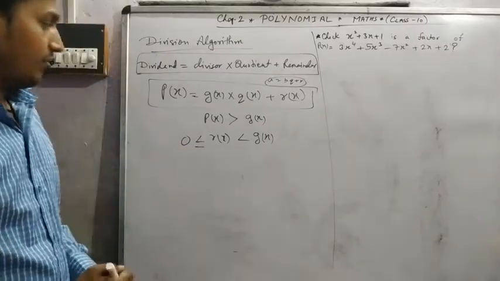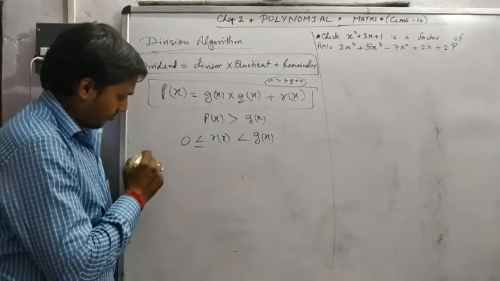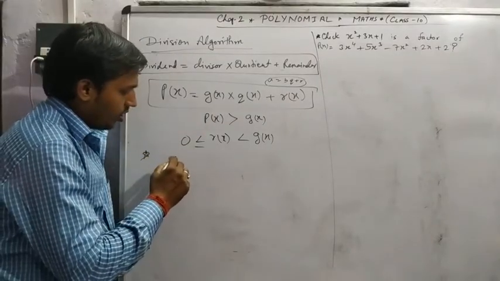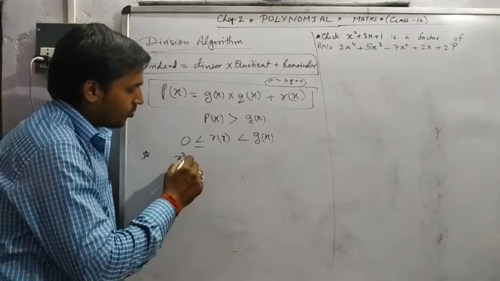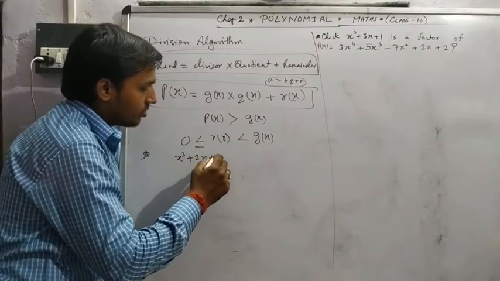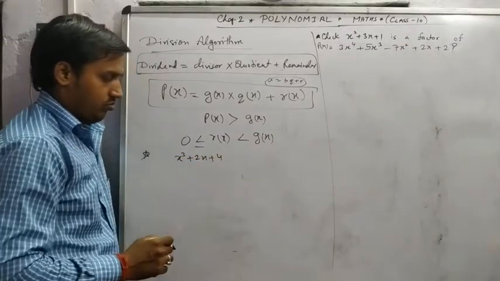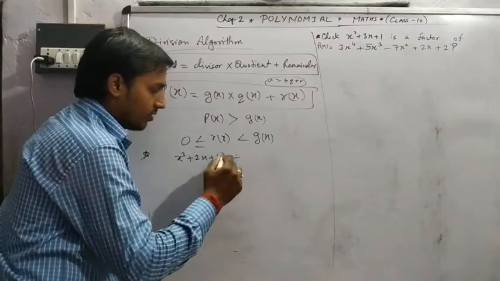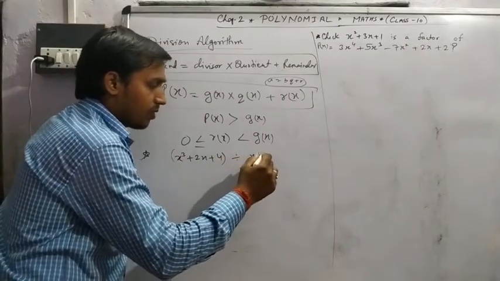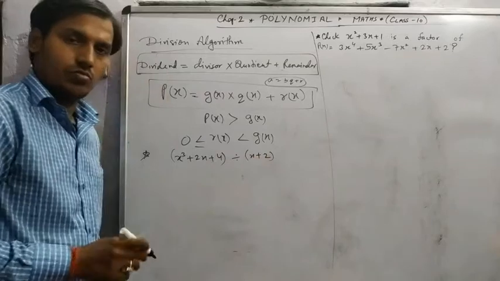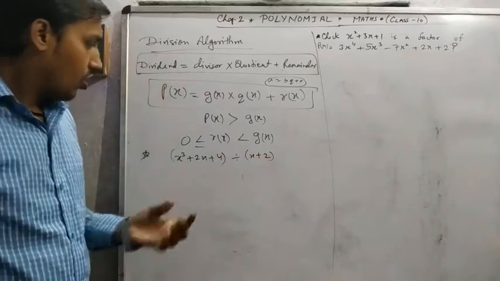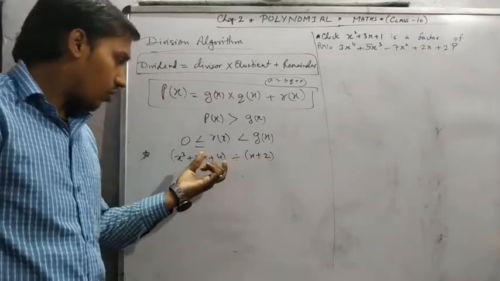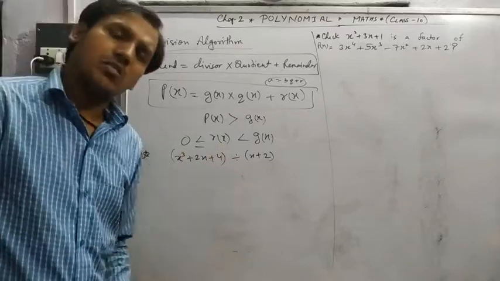If we take a small example, x cube plus 2x plus 4 divided by x plus 2. A small example. So find the quotient and remainder. A simple question.